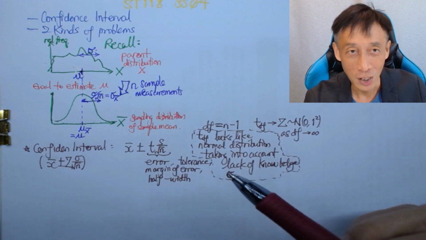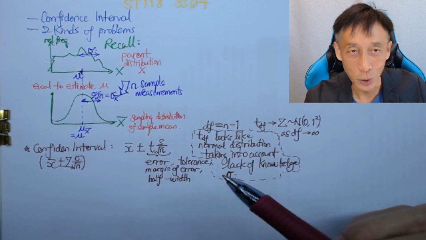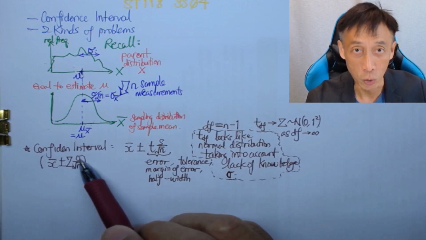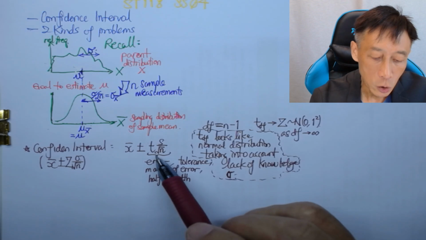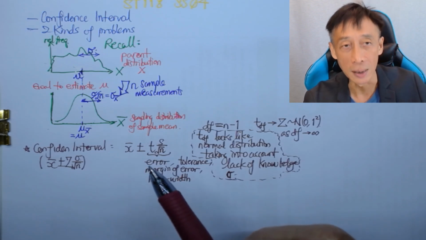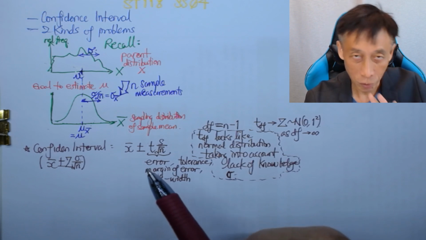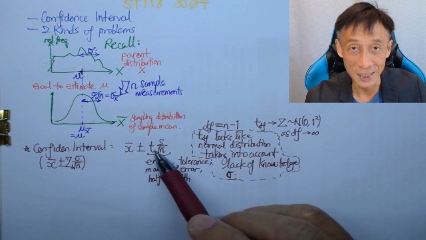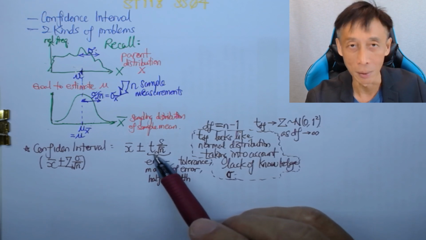So not very accurate. So we cannot conclude with the same precision as if we knew sigma and used sigma itself. So T is constructed to compensate for that lack of knowledge.